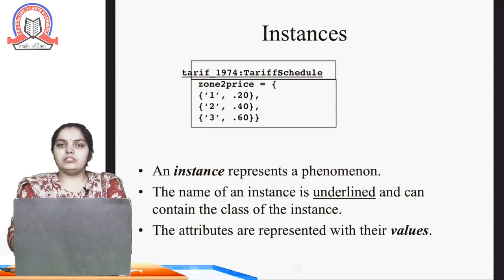This is the name of the class, and it has different attributes. An instance basically represents a phenomenon of the class. The name of the instance is underlined and can contain the class of the instance. The attributes are represented with their real values.